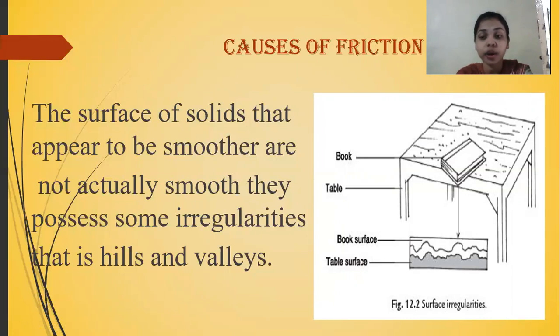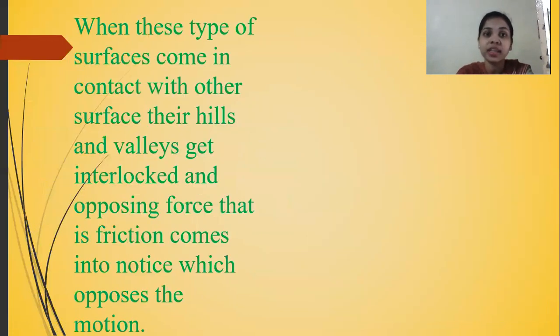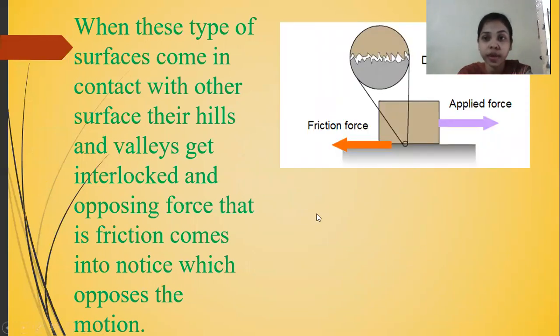Okay, when these types of surfaces come in contact, they become interlocked, and at that time the opposing force comes into play. This opposing force is the frictional force, and the frictional force opposes the motion of an object. See here also, here is a box which is kept on the surface.